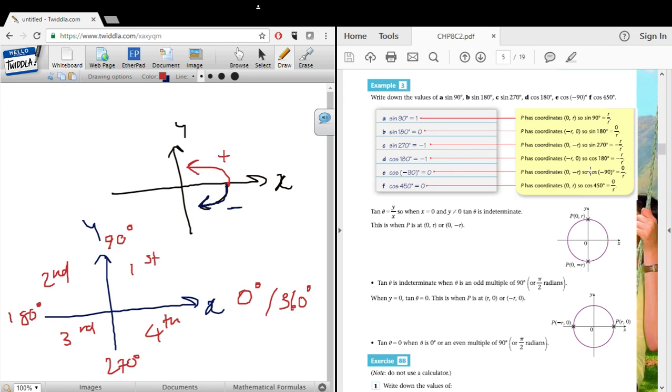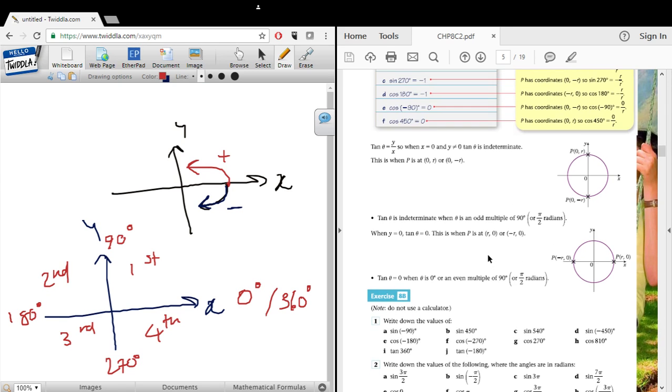If we put it into our formula, we'd have r over r, which gives us 1. Why? Because with sine, it's opposite over hypotenuse, or in this particular case y over r, and y and r will both be r.